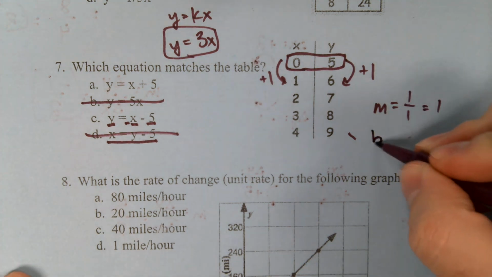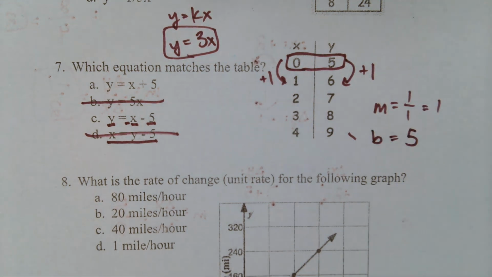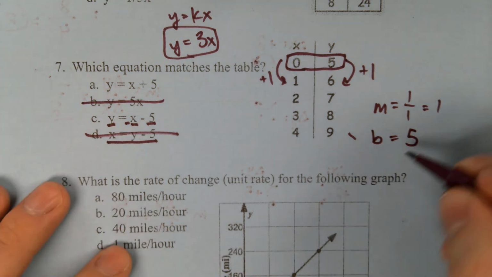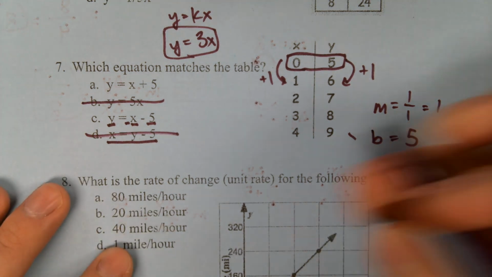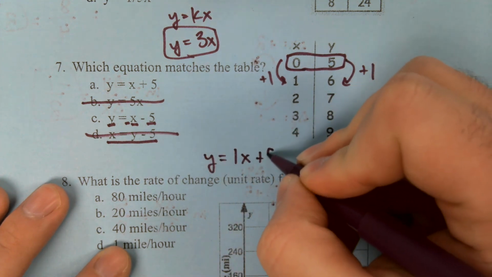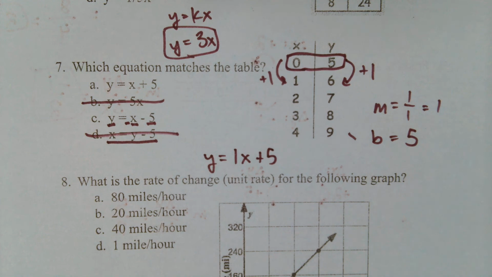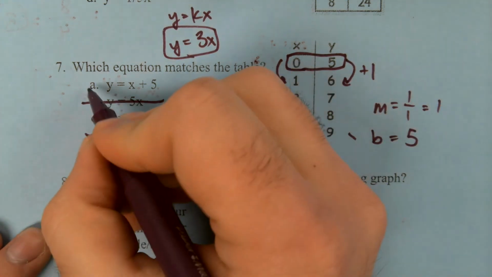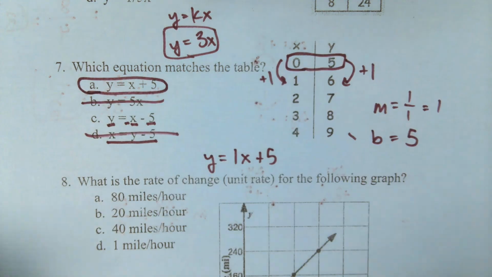So our b value here is positive 5. If we wanted to write this equation with an m of 1 and a b of 5, we could say y equals 1x plus 5. Don't need to write that 1 there, so just y equals x plus 5 is our answer.